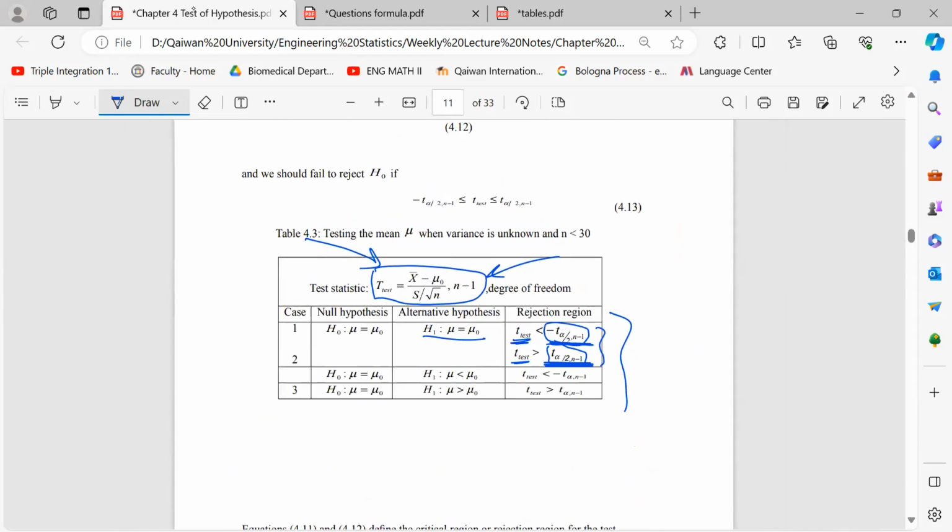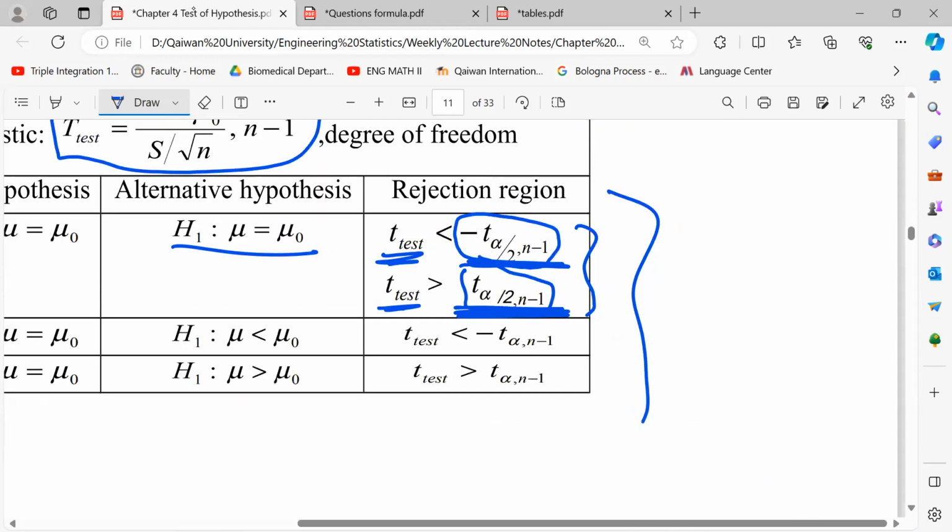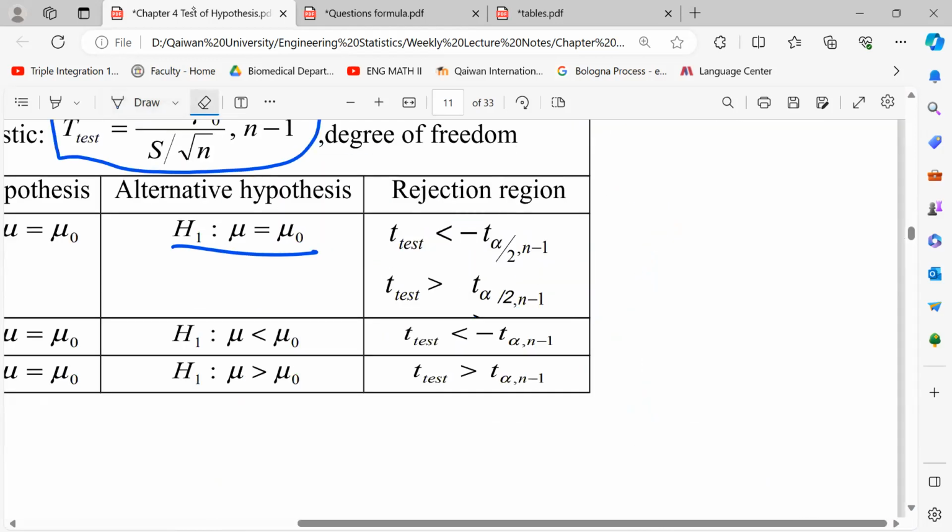Look at the table. In the table, we have that if t-test is less than this value or t-test is greater than this value, we reject H naught. But none of these is obtained here.